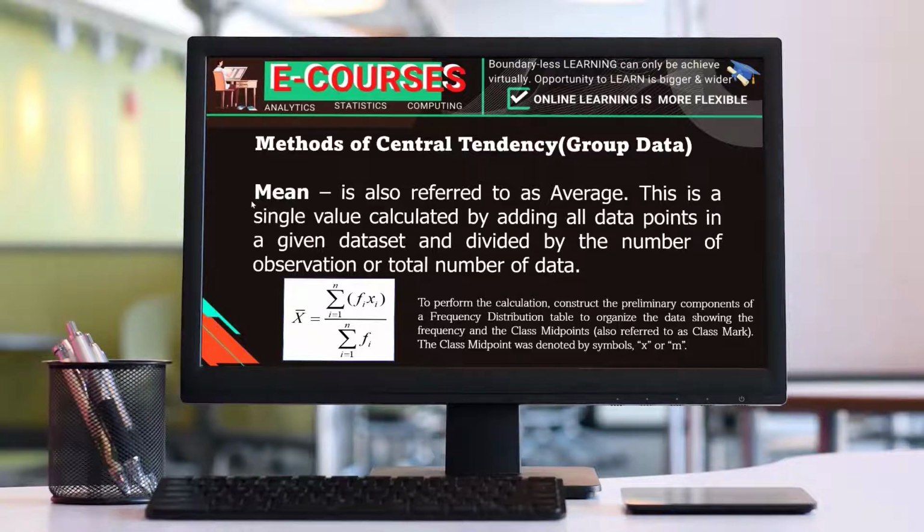Or if you see the letter M, that is also a midpoint. Okay, so it depends upon the analyst. It depends upon the lecturer. So in my case, I used to use the X over M.